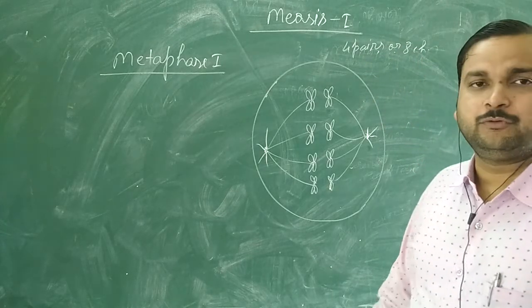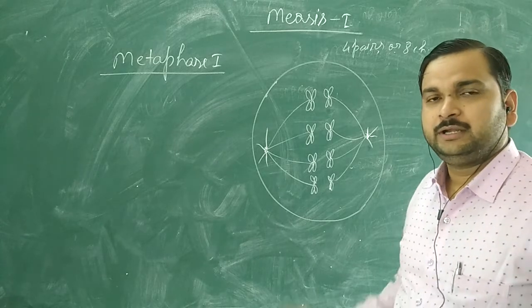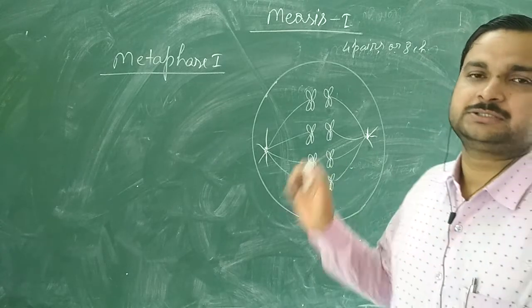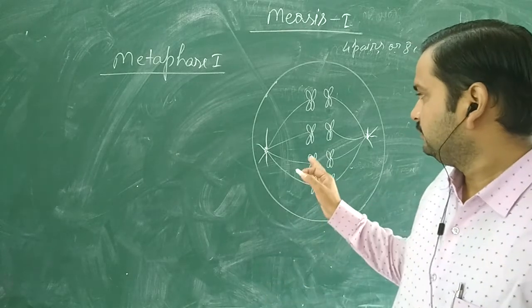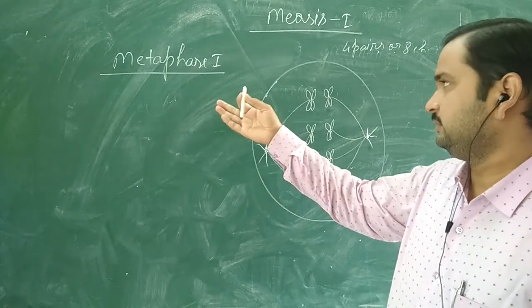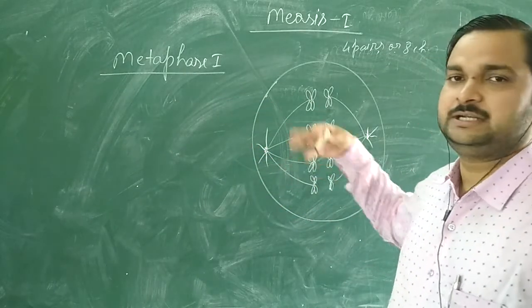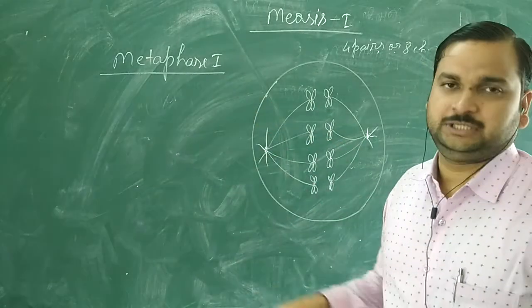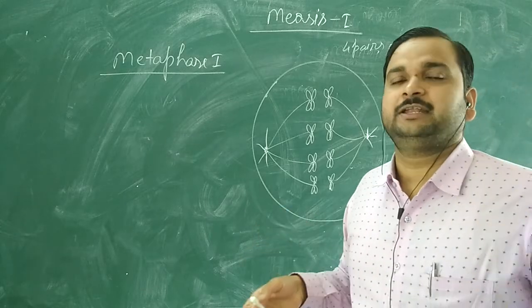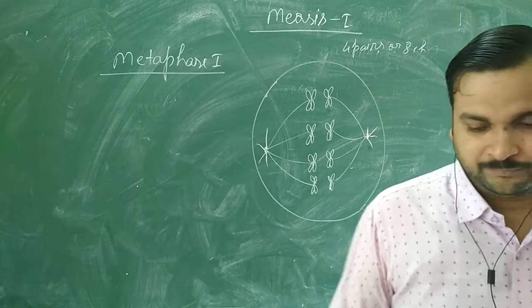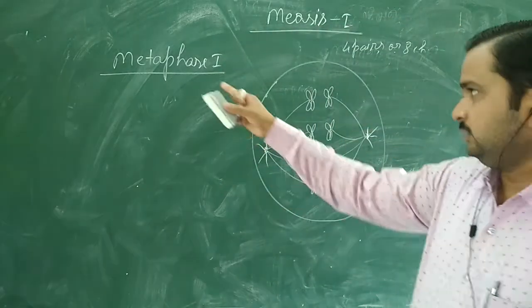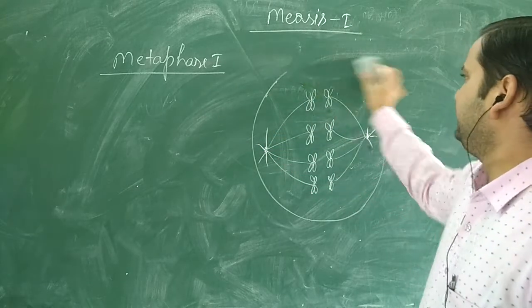So we can say 4 pairs of chromosomes are there, or 8 chromosomes are present. Why am I saying this? Because we will use this data for the coming stages. We will see how the reduction takes place in the chromosome number. So this is all about the metaphase first.